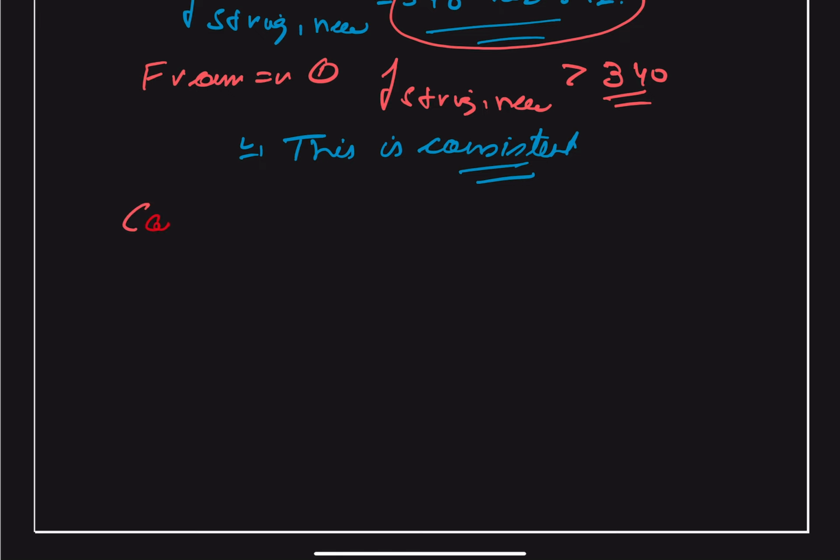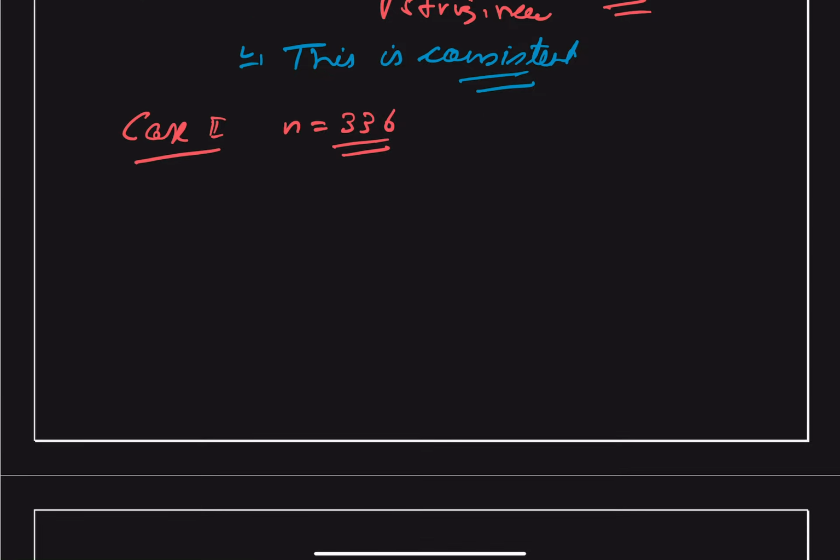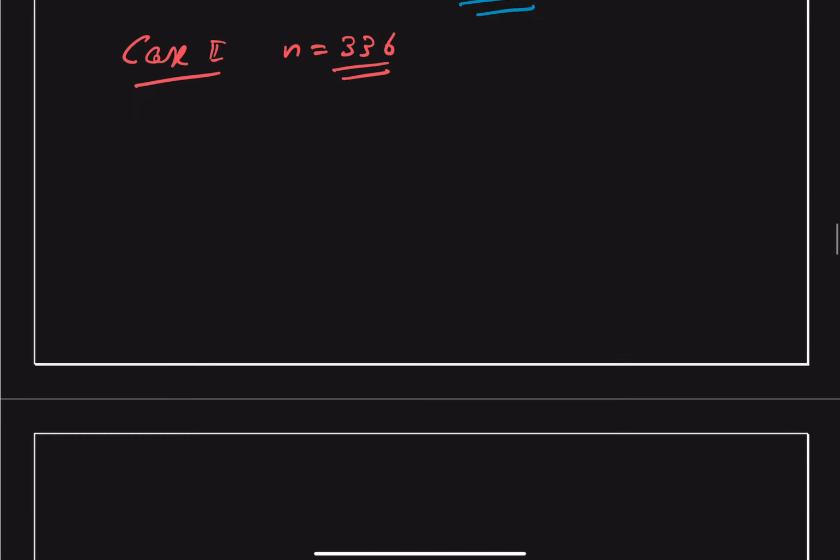We can say case 2, and the value of n in case 2 is our 336. So once again we are going to do it for the initial condition. And the initial condition we know is f string minus n is equal to 4.